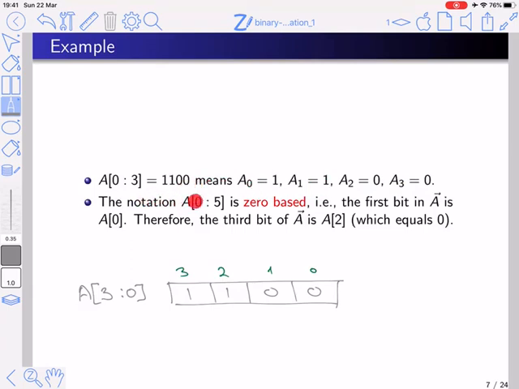This notation is zero-based. The indices start at 0, and therefore, when you talk about the third bit of A, it's actually indexed by 2. Okay? So here you see an example. A from 3 to 0 has the positions 0, 1, 2, 3, and the contents are 1 in the position with index 3, 1 in the position with index 2, and so on.